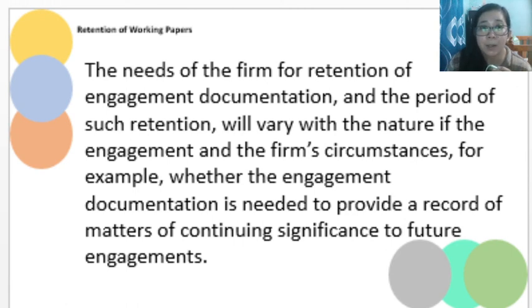So for example, whether the engagement documentation is needed to provide a record of matters of continuing significance to future engagements with the same client. Okay, so this will determine also how long they need to retain such documentation or working paper.